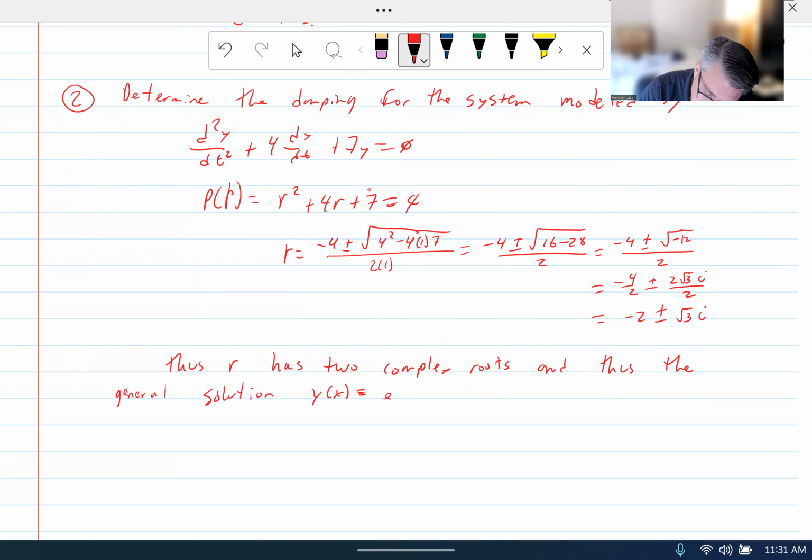It is equal to e to the negative 2t times c1 cosine of radical 3t plus c2 times the sine of radical 3t. So that's the general solution. Thus r has 2 complex roots.